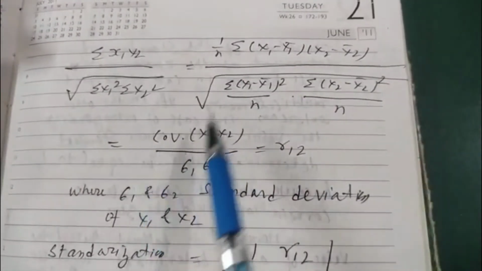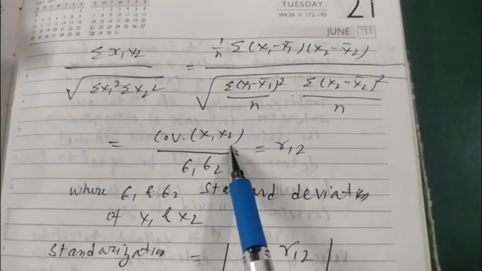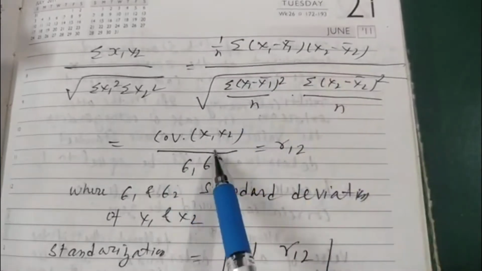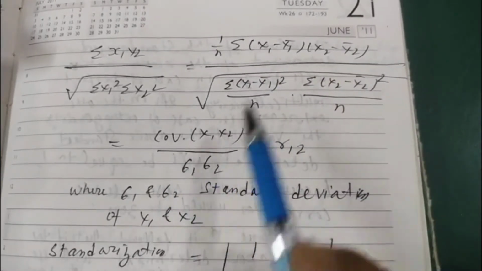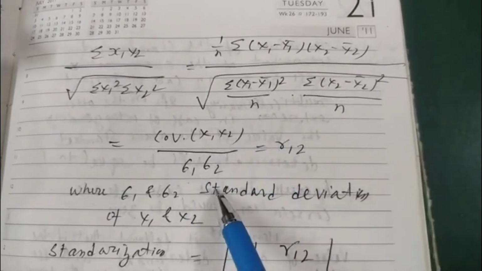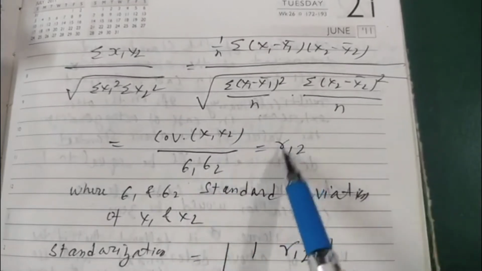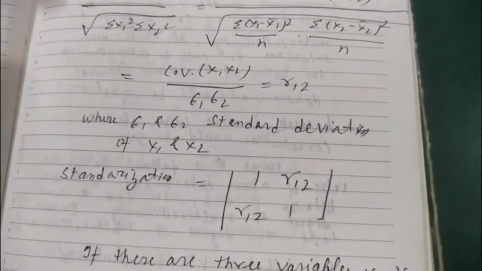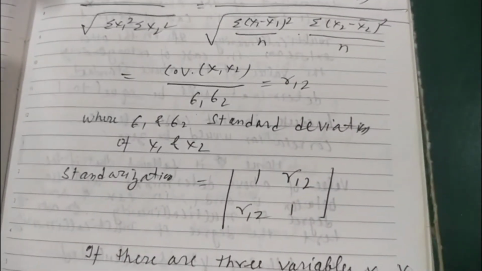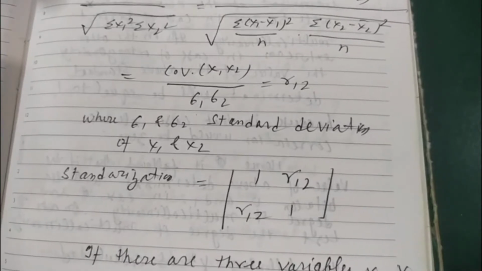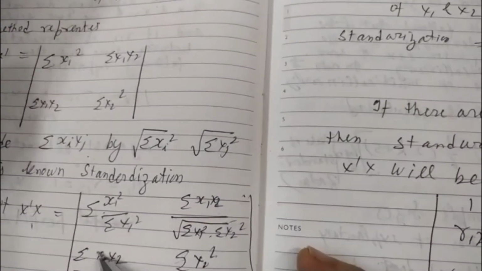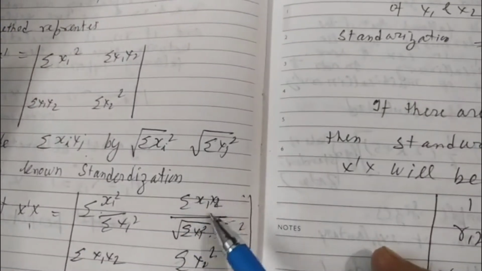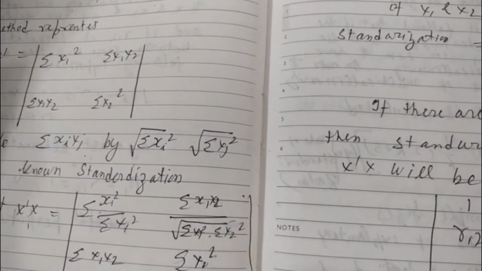This indicates the covariance of x1 and x2, divided by SD of x1 and SD of x2, equal to the correlation coefficient R12. Here it becomes the correlation between x1 and x2.